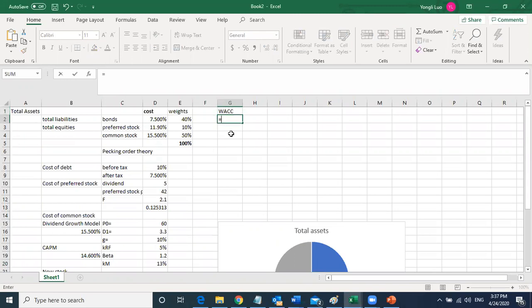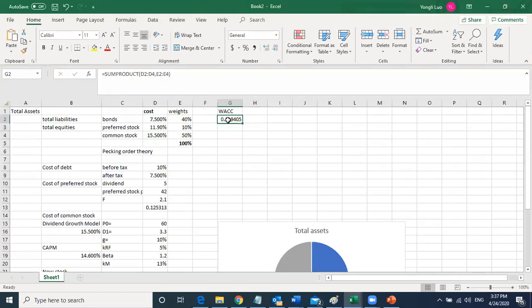You can use SUMPRODUCT. You select the cost, then a comma, and you select the weight. I'll give you a little bit more time, you can figure it out. SUMPRODUCT of the cost and the weight.